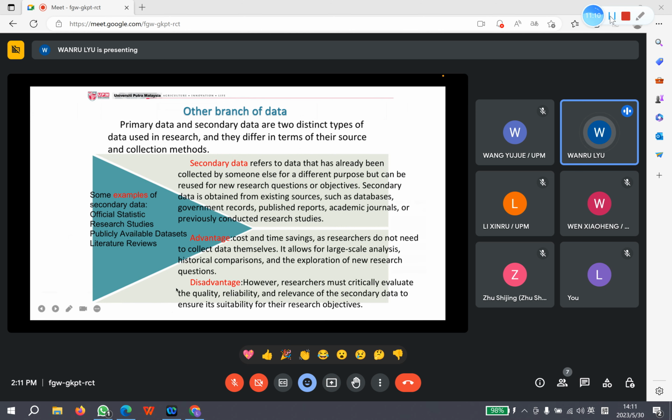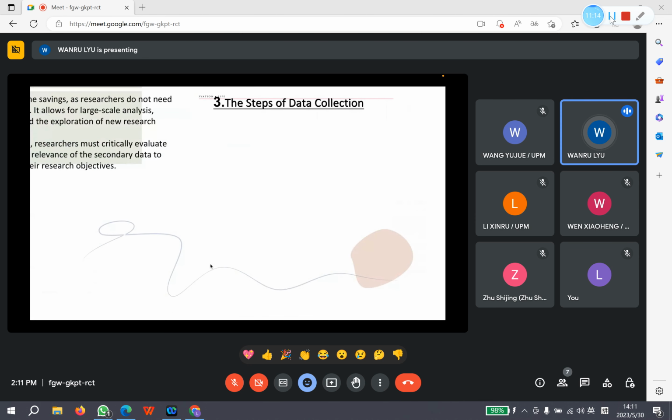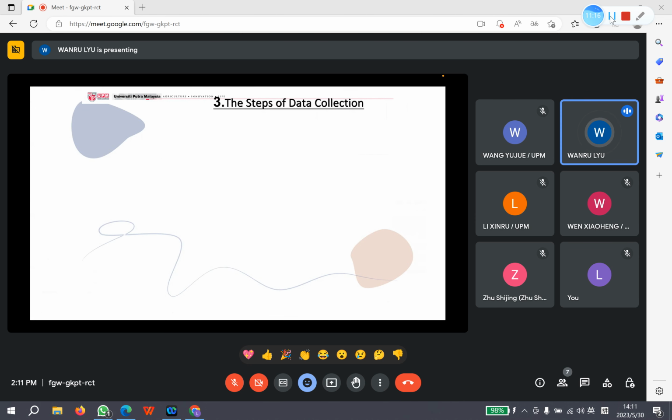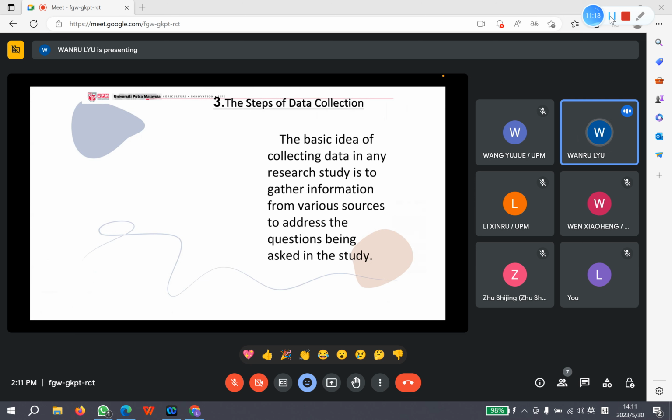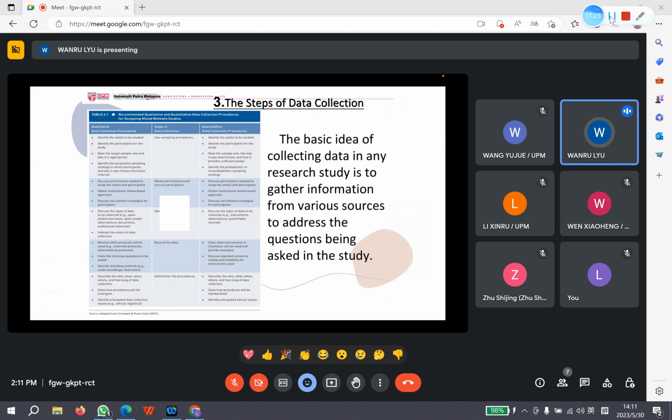So now we know pretty much several kinds of data. Let's get a general idea of the steps of data collection. The basic idea of collecting data in any research study is to gather information from various sources to address the questions being asked in the study.